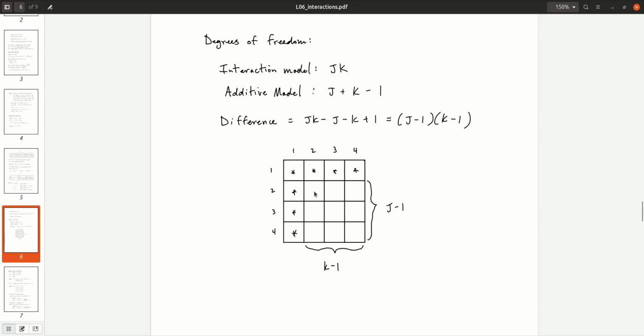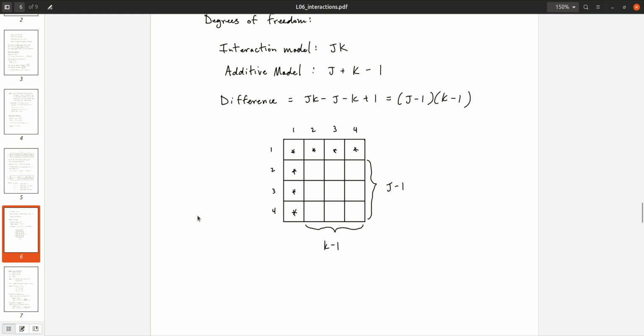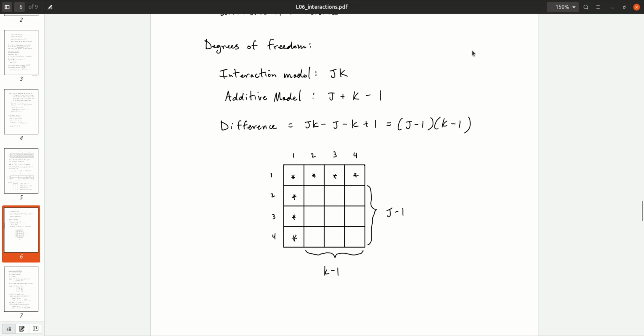The additional information in the interaction model is that these cells don't depend on the other cells at all. And if you just count up the number of those cells, it's going to be j minus 1 times k minus 1. So I think this little diagram is a useful way to remember the difference between the additive and the interaction two-factor models and how to count up the model degrees of freedom.